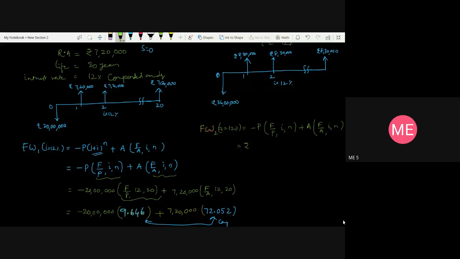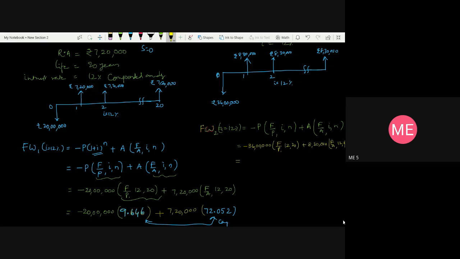So, minus 36 lakhs into F by P, comma I is 12, comma 20, plus rupees 8 lakh 30,000 into F by A, comma I is 12 and then 20.